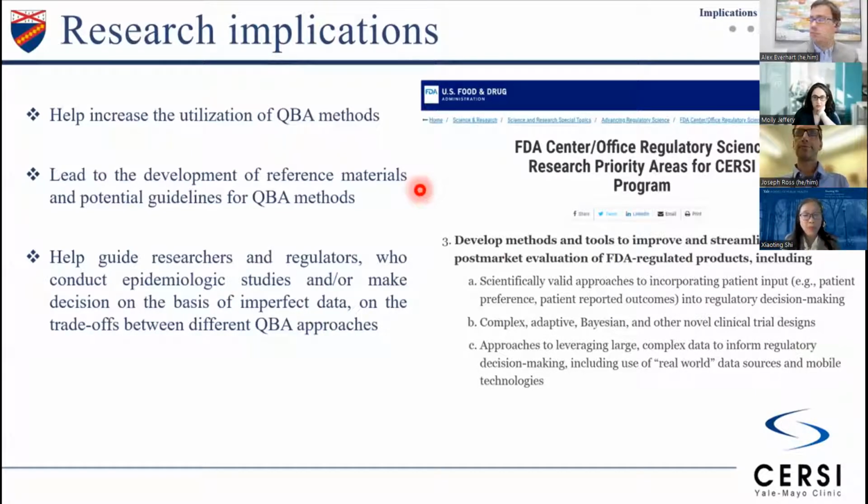We're also hoping the decision tree can help researchers and regulators who conduct epidemiological studies identify the optimal QBA methods for their study. And our work is also in alignment with the FDA Research Priority Area 3C, which is to develop methods to leverage large complex data to inform regulatory decision-making, including the use of real-world data.